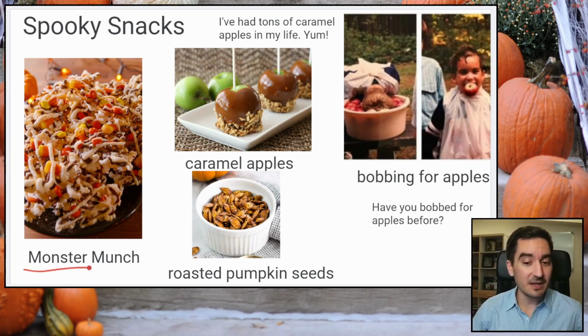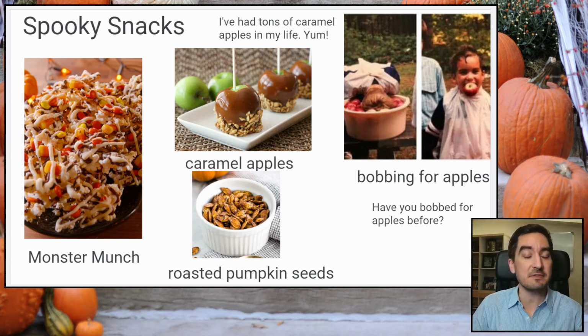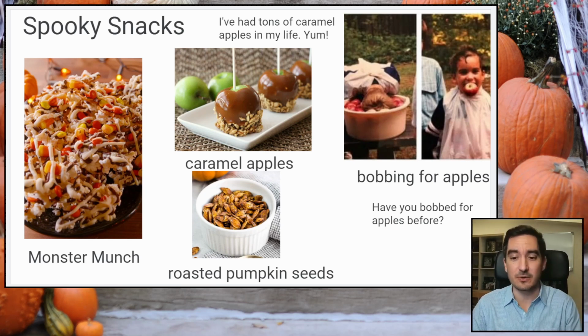So monster is like a scary creature, right? Munch is a word meaning eat. You munch on something. So Monster Munch, it's just a fun thing to say. So people gave this food that name. Sounds pretty good. Easy to make too. Popcorn, candy, chocolate, and then munch.